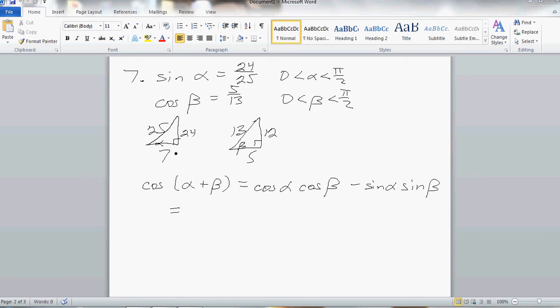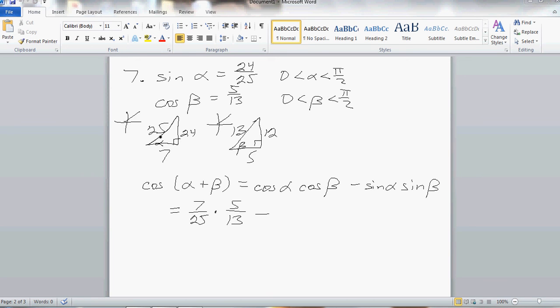Okay, cosine of alpha. We know everything's in quadrant 1, so everything's good. And if we need to, we can just actually show that for each of these triangles so that we don't forget. Okay, cosine of alpha. I look over here, cosine of alpha would be 7/25. Cosine of beta. Well, we can cheat. Cosine of beta is 5/13, but we should also be able to find that from our triangle.